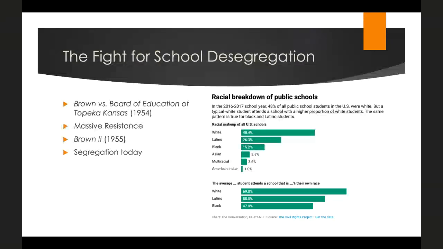But while the overall makeup of U.S. public schools is fairly representative of the country's demographics as a whole, as you can see from this chart over here, the average white student attends a school that is almost 70% their own race. And so there is still what is known as de facto segregation, despite the end of de jure segregation, and significant amounts of segregation in the school systems today.